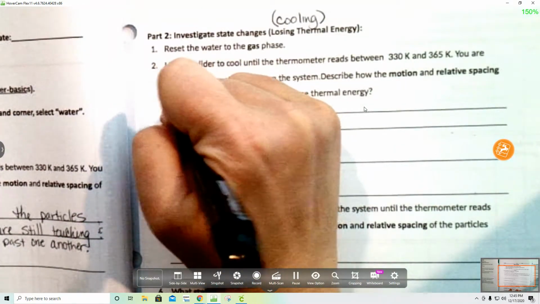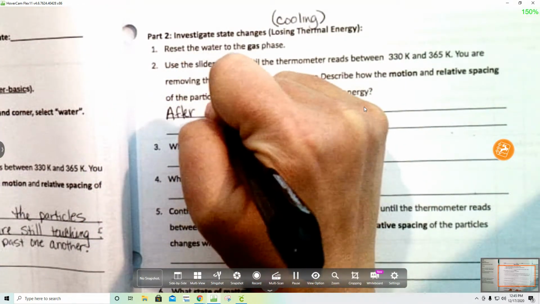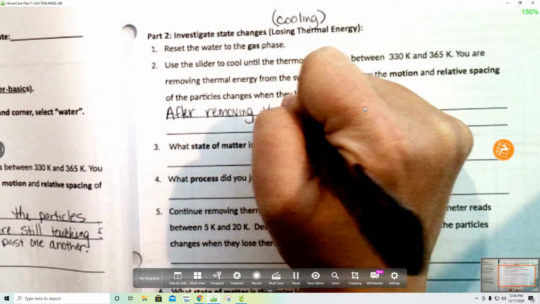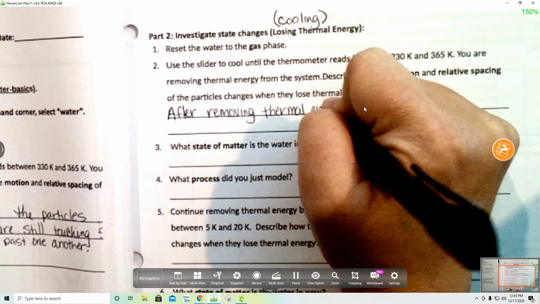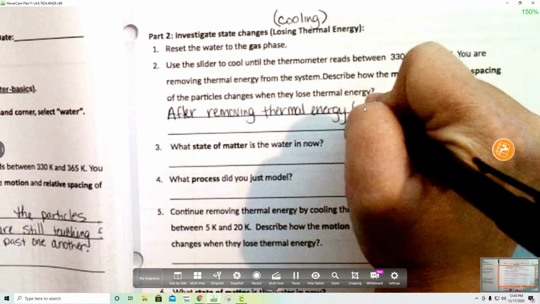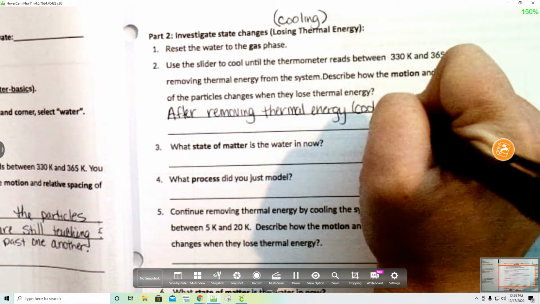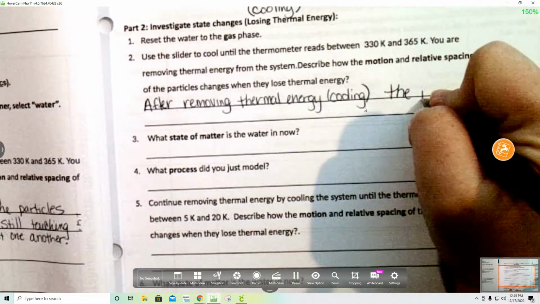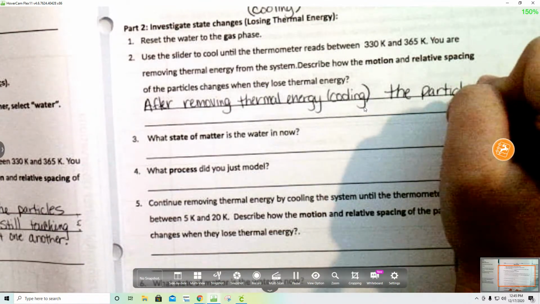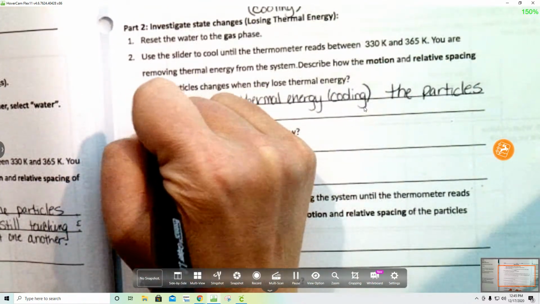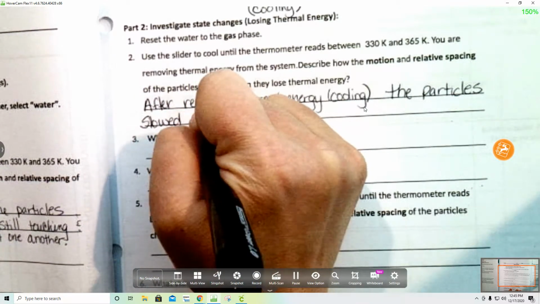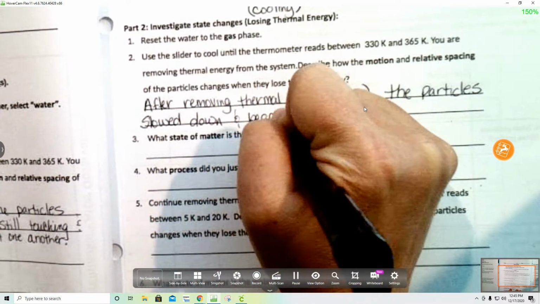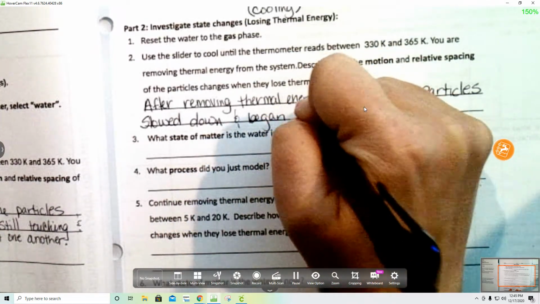So after removing thermal energy, so again, cooling it, the particles slowed down and began sticking together.